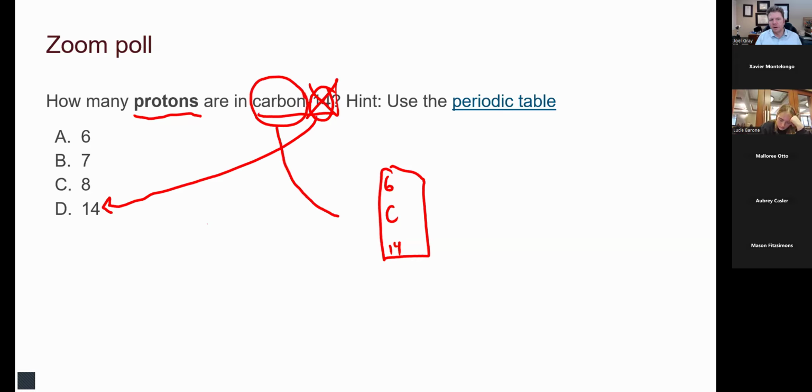I can find that on the periodic table and see, oh, there's the C. And okay, well, 14, that is my mass. And I can determine the number of protons. Well, heck, I don't even care about that. What I care about is the atomic number, the whole number that is on the periodic table. Okay. Now, so the correct answer is A, 6. The second most popular answer was C.